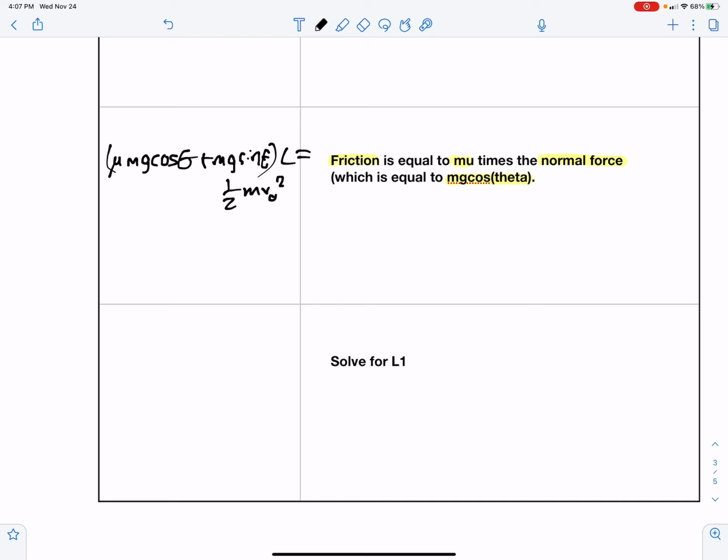So L1 is equal to mv naught squared over 2 times the quantity mu mg cosine theta plus mg sine theta.